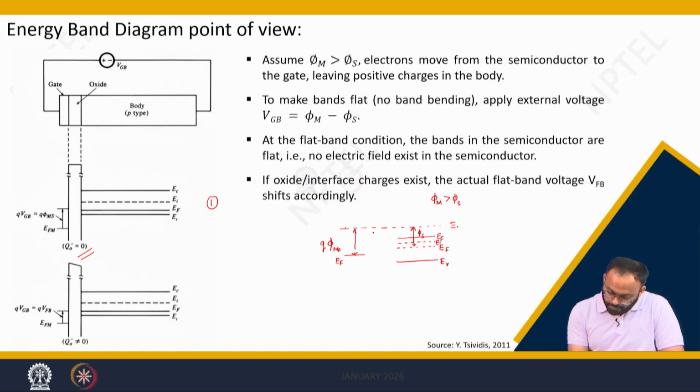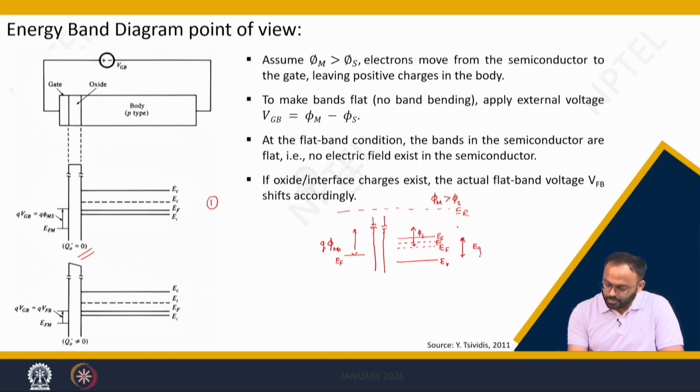In between the metal and semiconductor there is an oxide layer. This is the reference level, E vacuum. Now, the oxide energy gap is higher than the energy gap of the silicon.